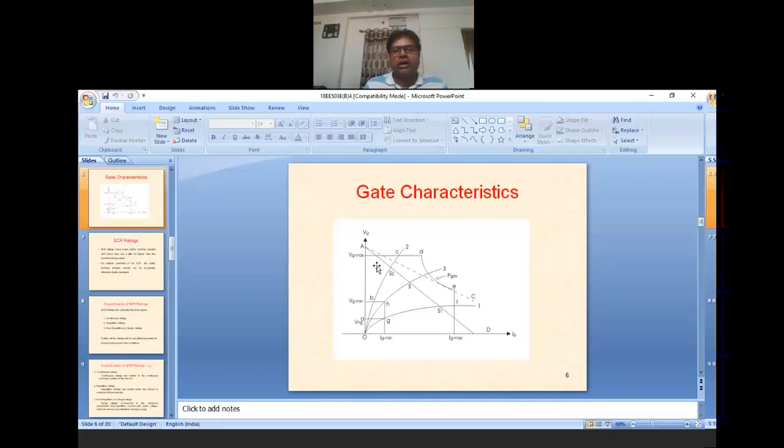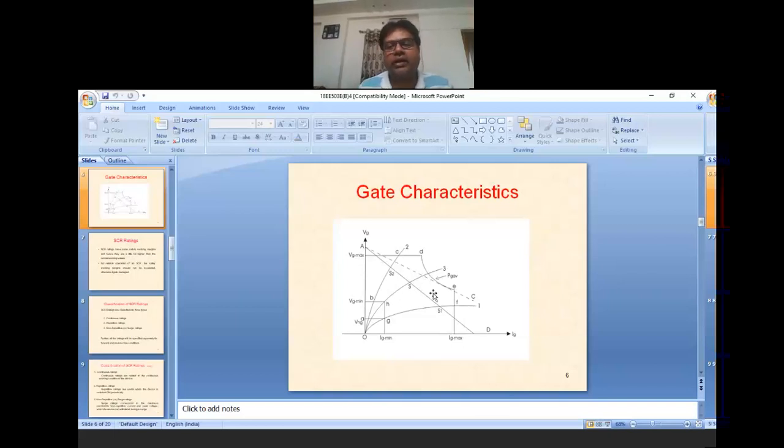We have to draw the load line which is shown from this point A to the x-axis, which will divide this gate characteristics into a safer region and non-safer region. This load line intersects the gate characteristics. Below the load line also it is not very safe, or it will not be proper triggering. Above the load line, which is nearer to proper average power consumption, that will be better.